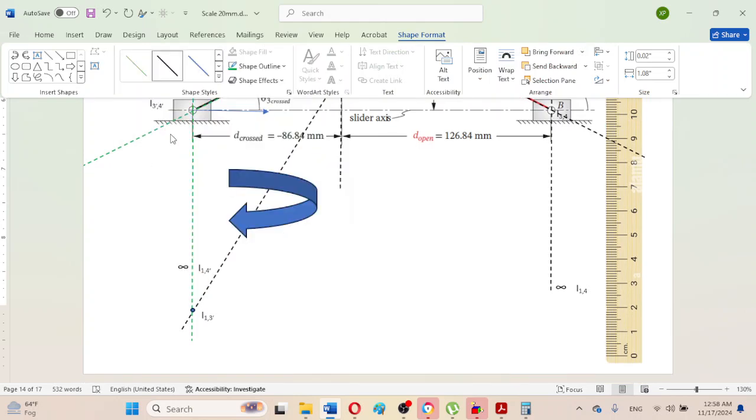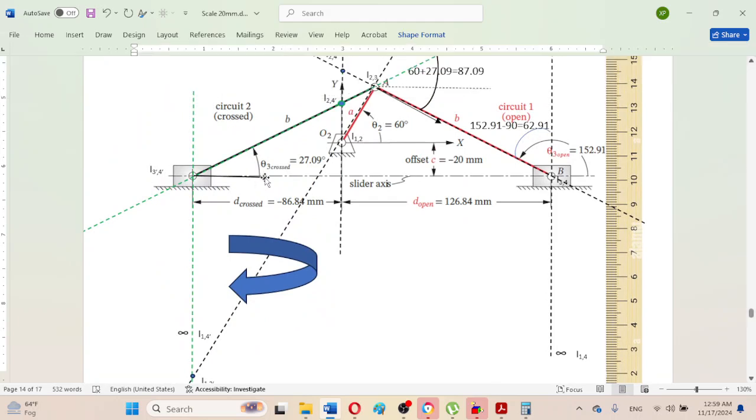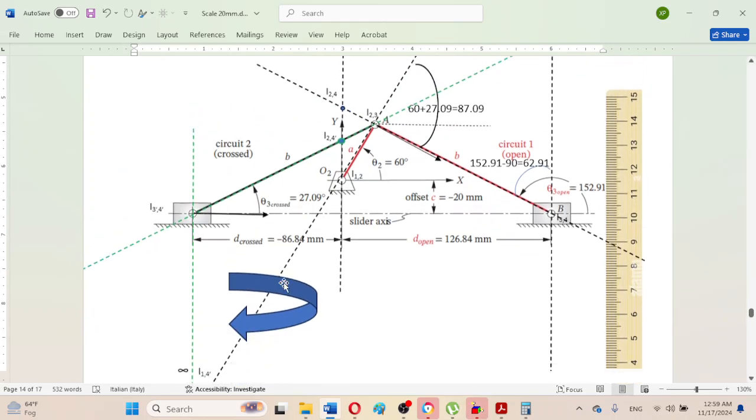So this will be the velocity VB or the slider velocity.